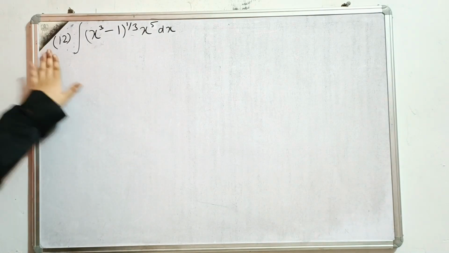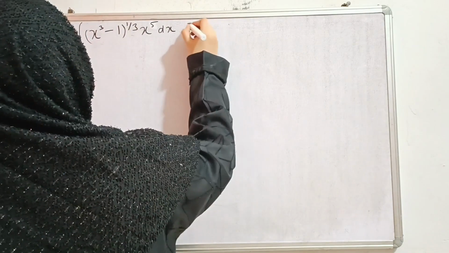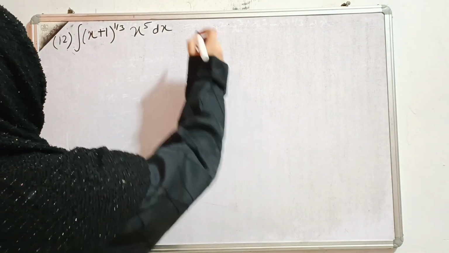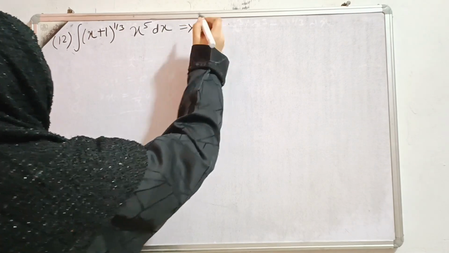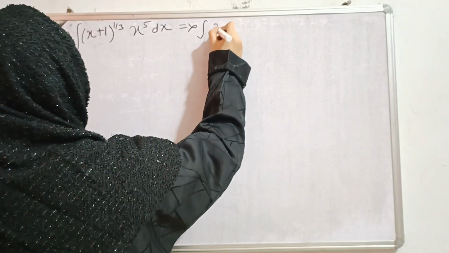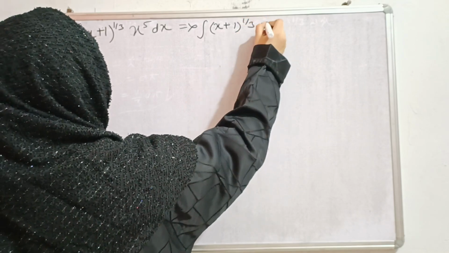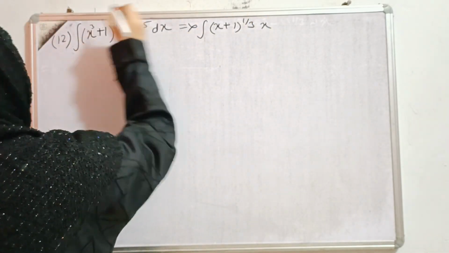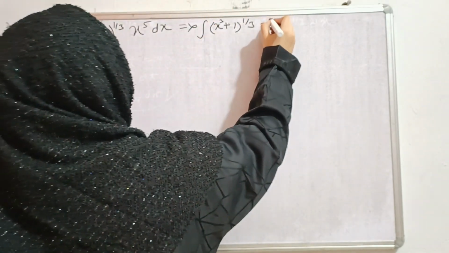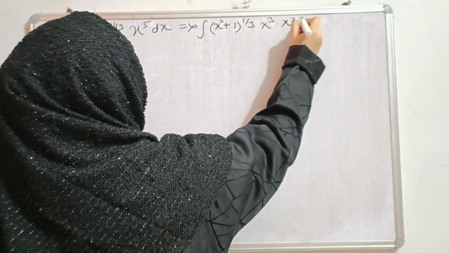Question number 12. So we discuss question number 12. Question number 12 is this: the integral of x cube plus 1 to the power 1 upon 3 times x to the power 5 dx, which we can write as x cube times x square dx.